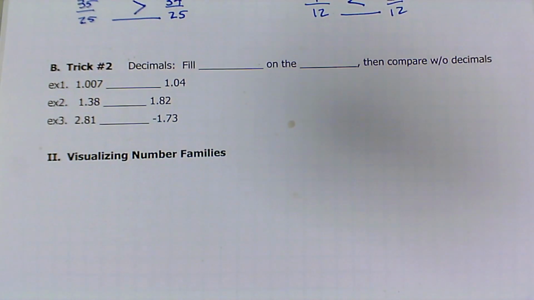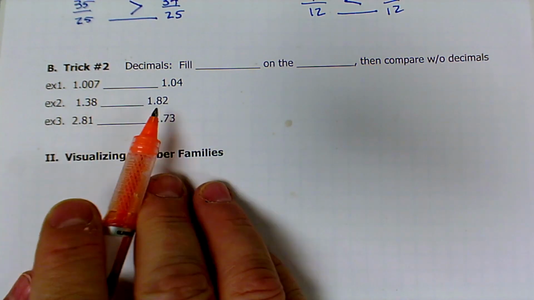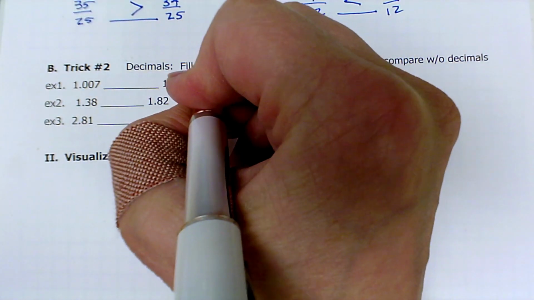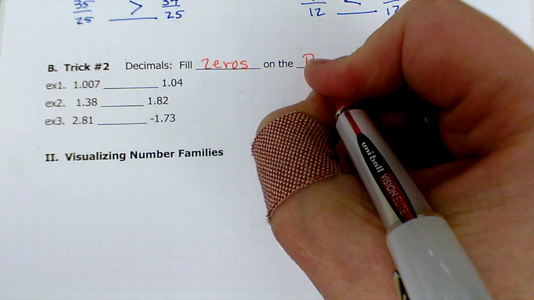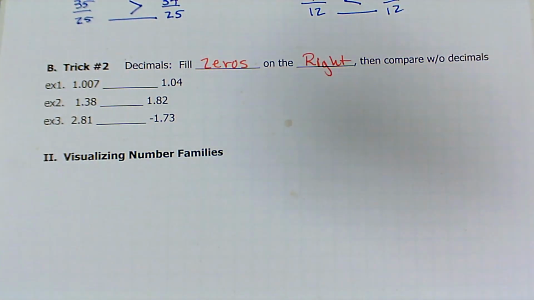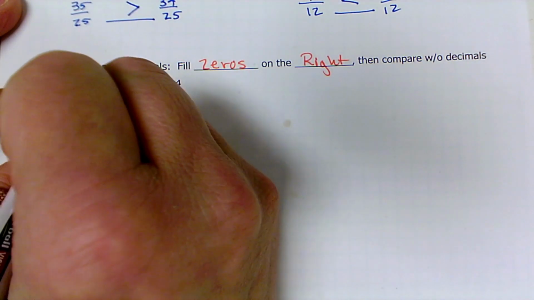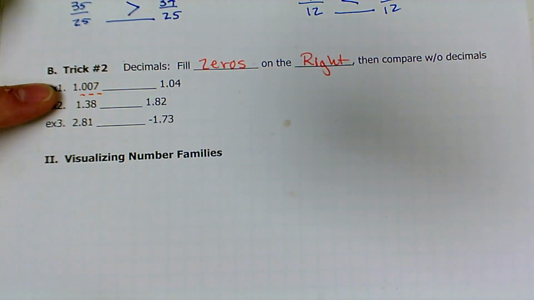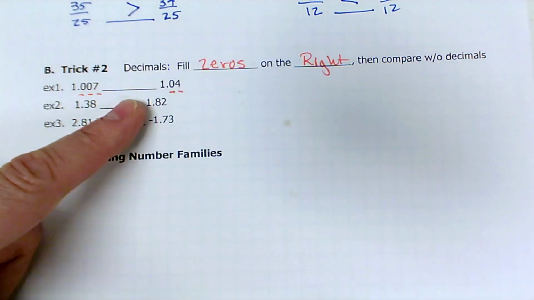All right, trick number 2. Decimals. For decimals, if you're having a hard time figuring out which one's bigger or smaller, what you're going to do is fill zeros on the right and then compare them without the decimals. Let's look at this one. You've got 3 decimal places with a 1. This one also has a 1, and it has 2 decimal places.